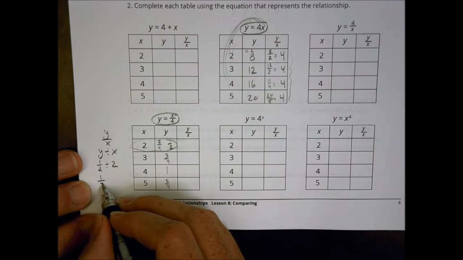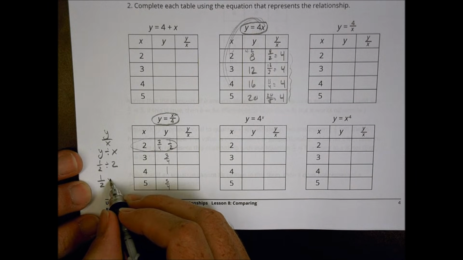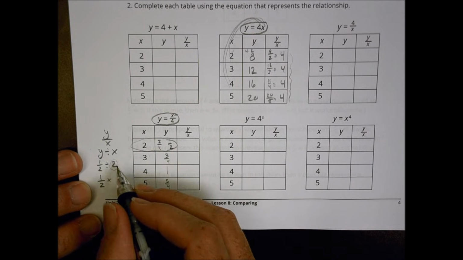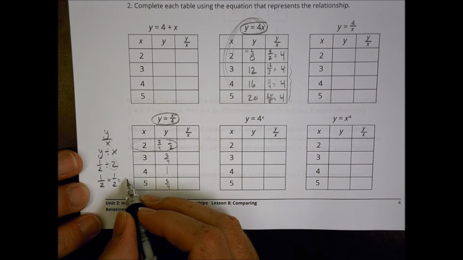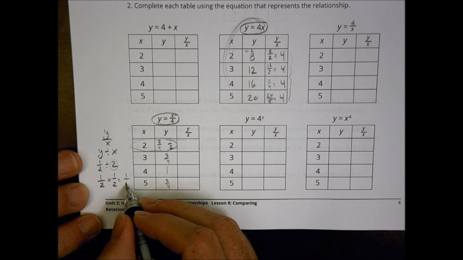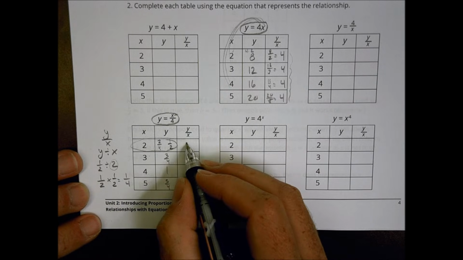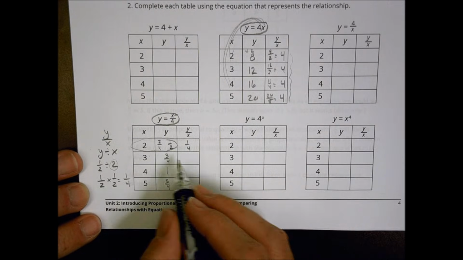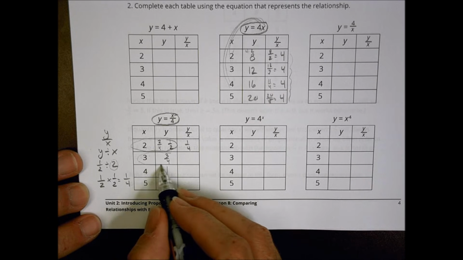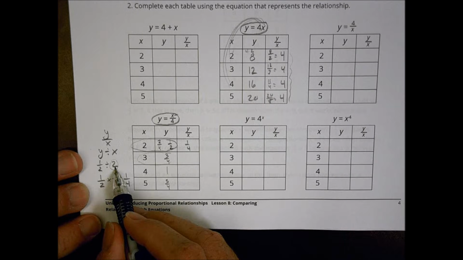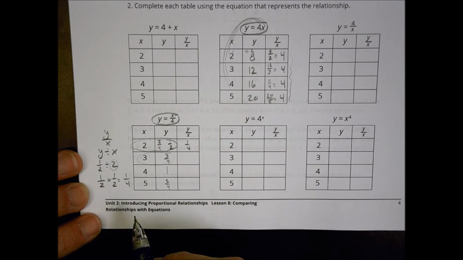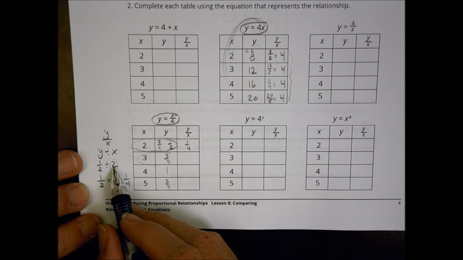So we could write 1 over 2 times, and the reciprocal of 2 is what? 1 over 2. So 1 over 2 times 1 over 2 is 1 over 4. That's how I end up with 1/4. You can do that same thing here as well. You're going to have 3/4 there divided by 3. Same thing for this one. As you work that out, you're going to have to write it out and solve that.